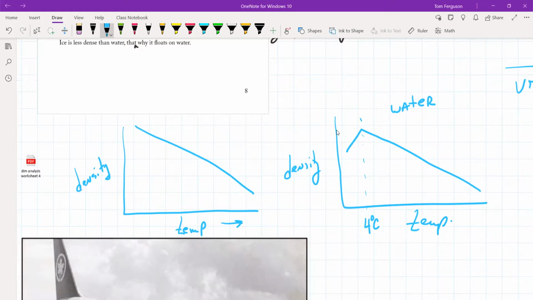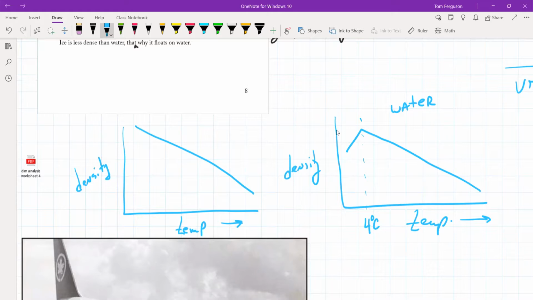Basically, it gets bigger. So when we cool water it gets smaller, smaller, smaller, more and more dense, same mass. The volume goes down, but the mass is the same, so the density goes up, up, up, except at 4 degrees Celsius. Then water stops getting smaller and it gets bigger. So the density changes.